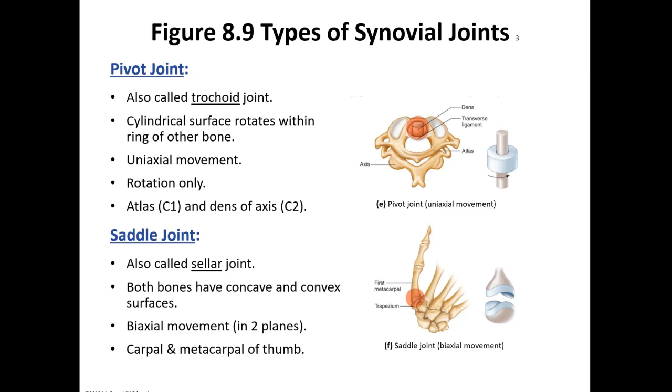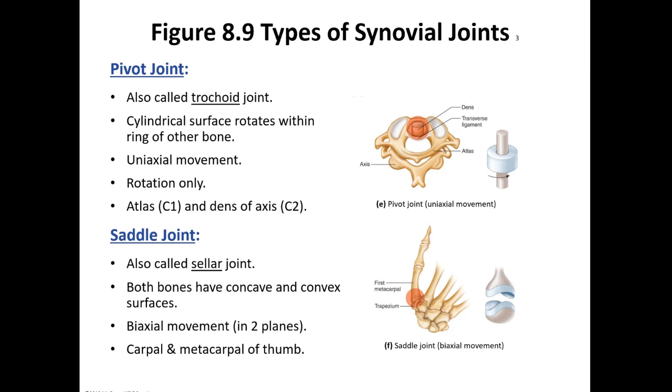And then the sixth and last type of synovial joint is called saddle joint. This joint type exists between bones of a thumb and bones of the carpal. Okay, so between your metacarpal and your carpal bone, you find saddle joint. So these are the 6 types of joints that make up synovial joint.